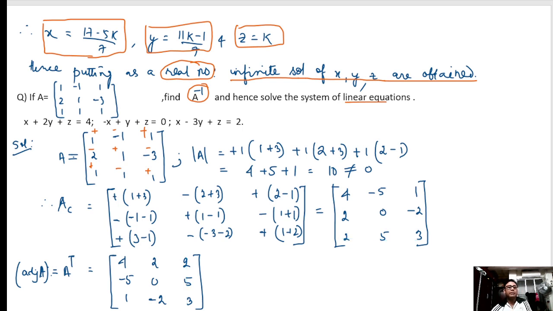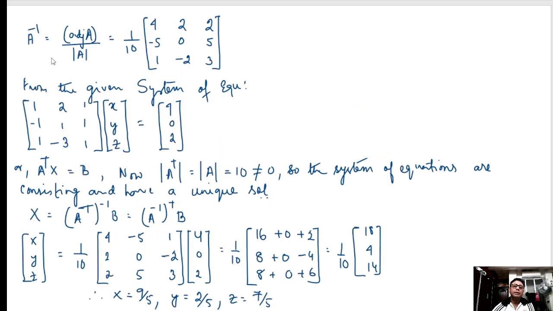This is the adjoint matrix. And now A inverse is adjoint of A by mod A. This was mod A, we did this. So now please watch one thing, that is we got the A inverse as this matrix. We got A inverse. Please keep a watch of this.